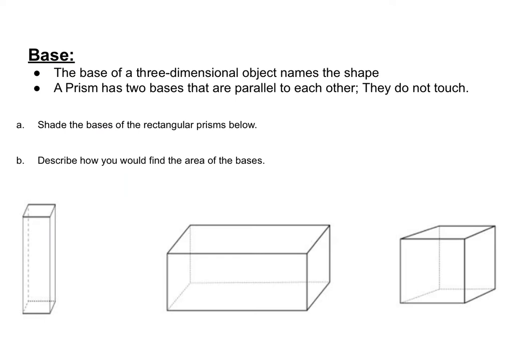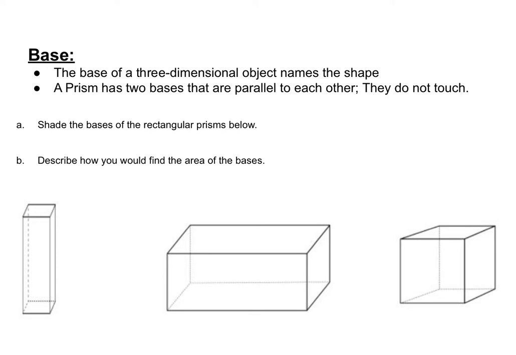Okay, so the base of a three-dimensional object names its shape. For example, here we have 3 different rectangular prisms, and they are rectangular prisms because their bases are rectangles. A prism has 2 bases that are parallel to each other, like we just said, so they won't touch. First, let's shade the bases of these rectangular prisms.